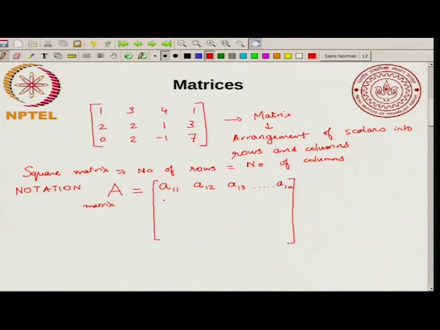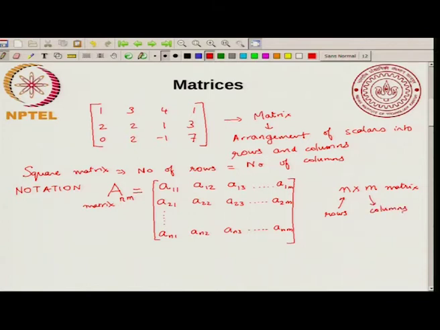The second row starts with a 2 1, a 2 2, a 2 3 up to a 2 m, and you go all the way to a n 1, a n 2, a n 3 up to a n m. So, this matrix has n rows and m columns. So, we say this is an n by m matrix.